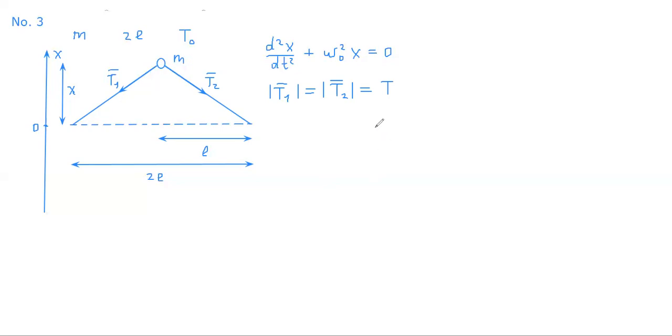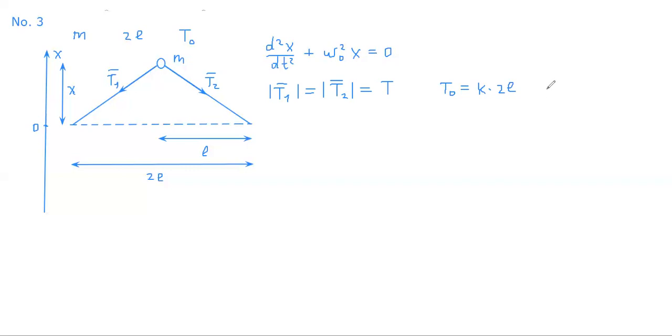So I think we can use Hooke's law. According to this law, we can assume that in the equilibrium position we have T0 equal to K multiplied by 2L, where K is a spring constant.